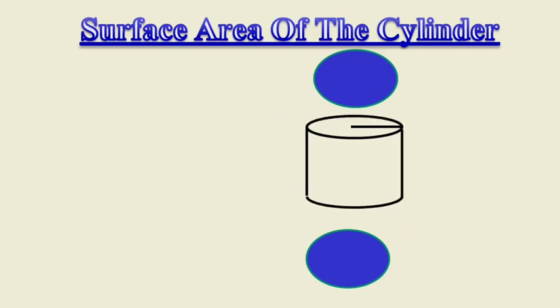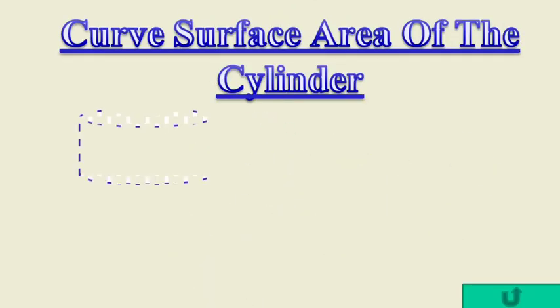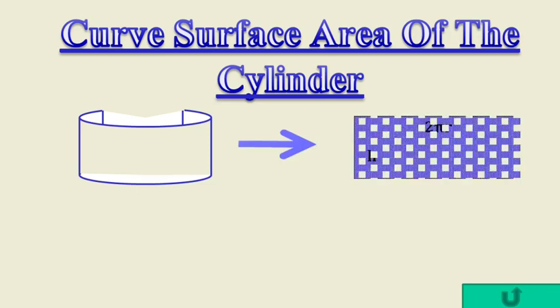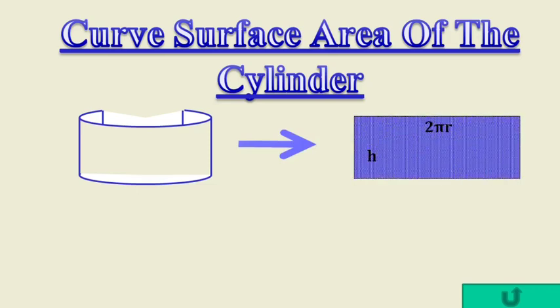If I cut this hollow pipe like this, after cutting it we can stretch it and convert this curved surface into a thin rectangular sheet.